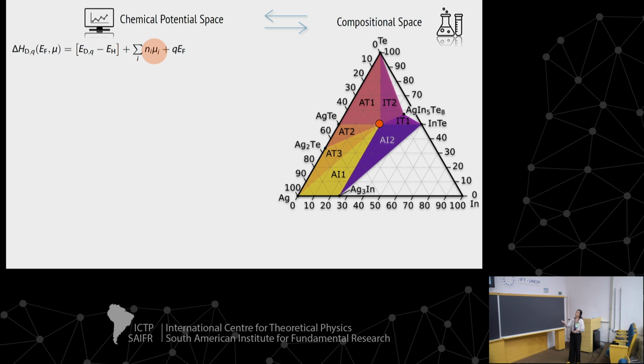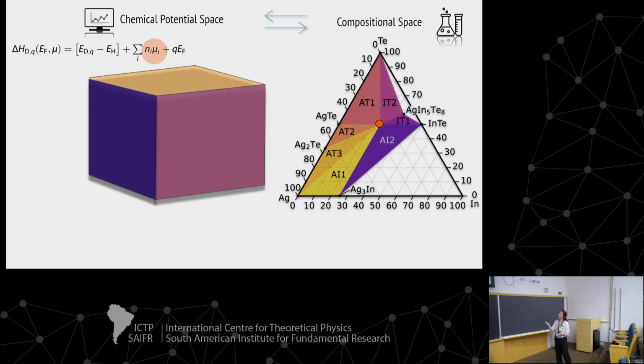So for instance, this region would be a region in equilibrium between silver indium ditelluride, bulk tellurium, and silver telluride. And you can look at the other regions the same way. So basically, all the samples that are grown in this region here would have the same chemical potential values.